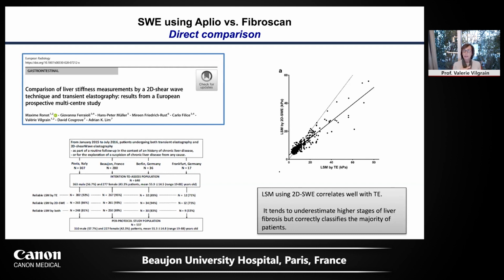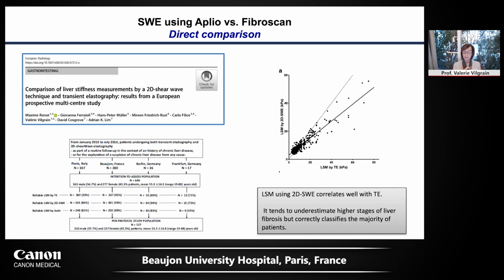First of all, the ultrasound-based techniques are very reliable and have a high applicability, which is indeed important. Second, we have shown, and this is the graph on the right, that liver stiffness measurement using 2D shear wave elastography with the Aplio correlates extremely well with that obtained with transient elastography.